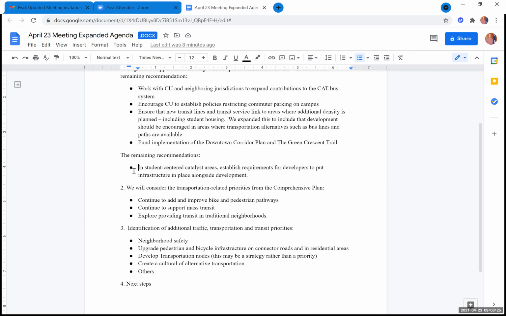So this is the request that in those areas, we include requirements related to transportation, and we can be more specific, that has to be part of the developer's plan for those areas. And that's this one right here. I'll turn it over to you again for discussion. If this is something we support, where we want to go from here. Any thoughts at all?